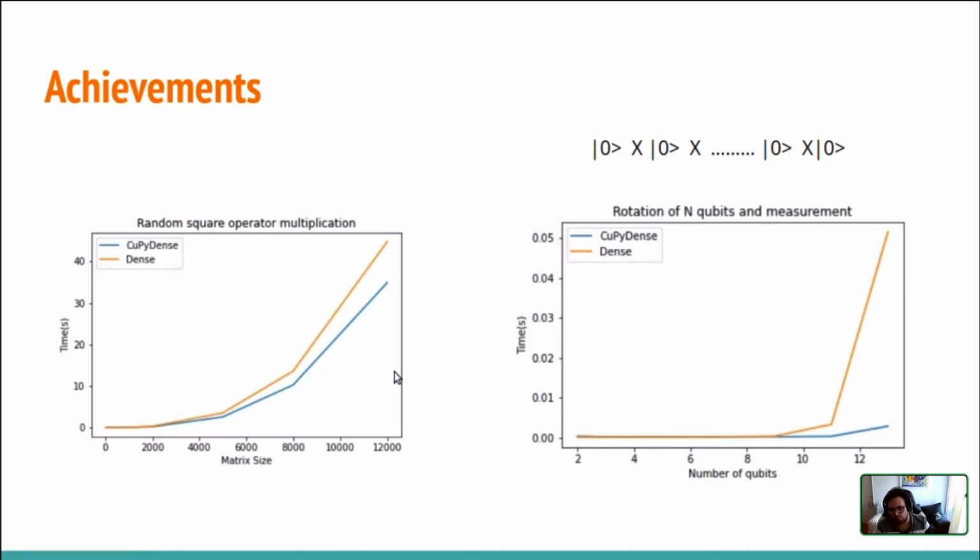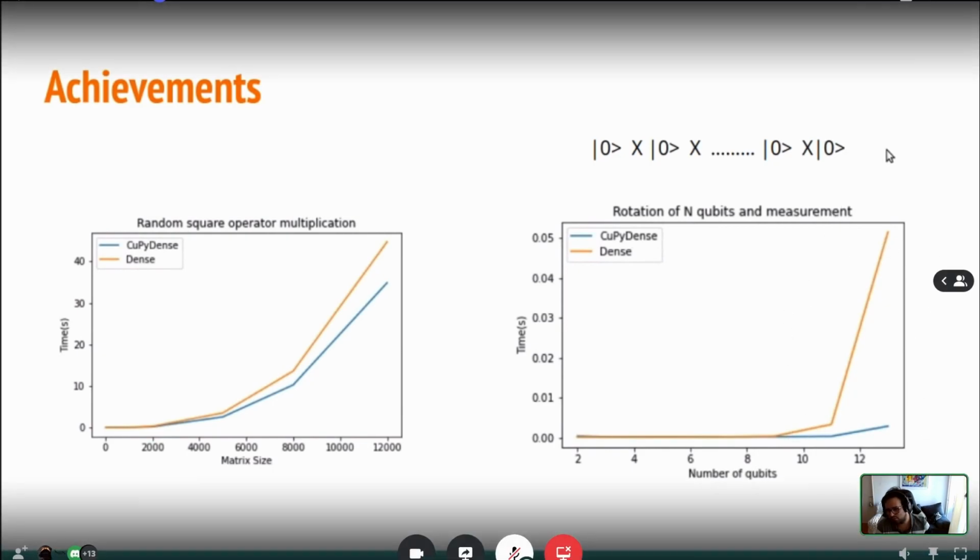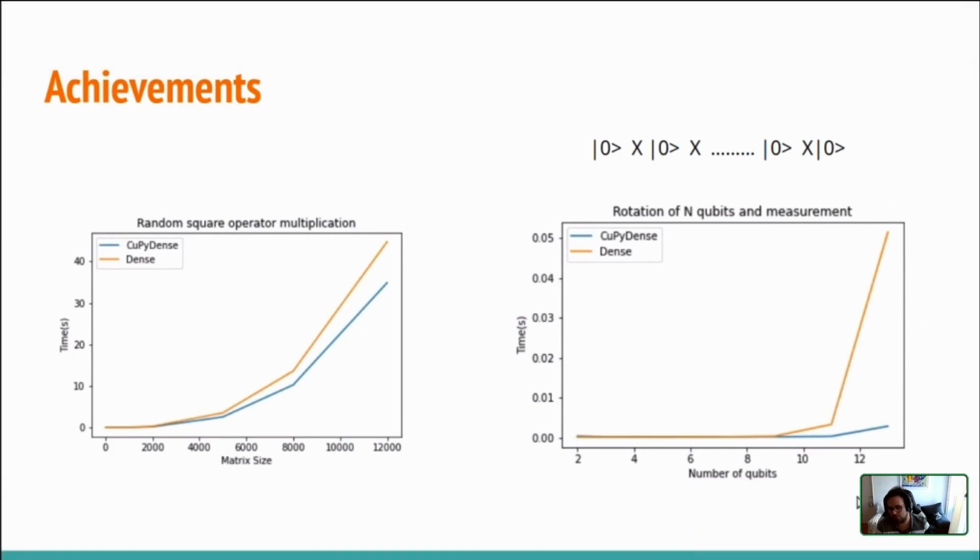And from a more involved example, we have the one on the right, where we take a state of n qubits. They are all in the down state. We rotate them, and then we measure the expectation. And you can see that the performance improvement is great, especially after 11 qubits, it's more than 10 times.